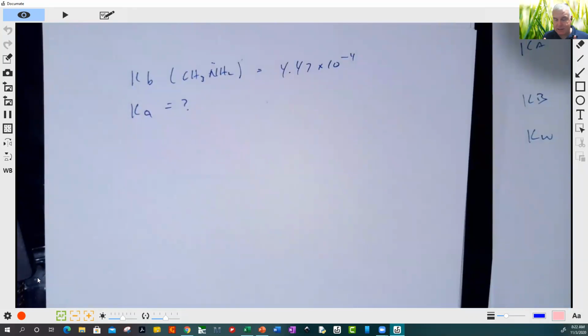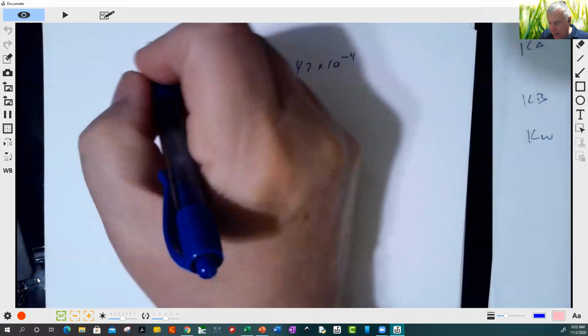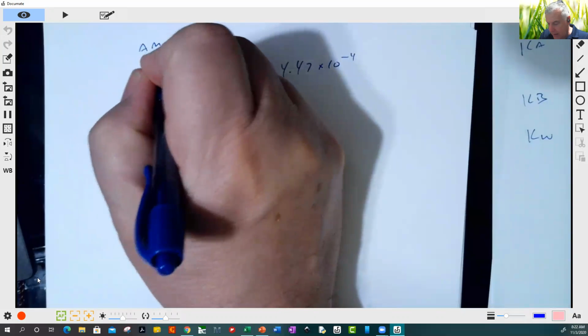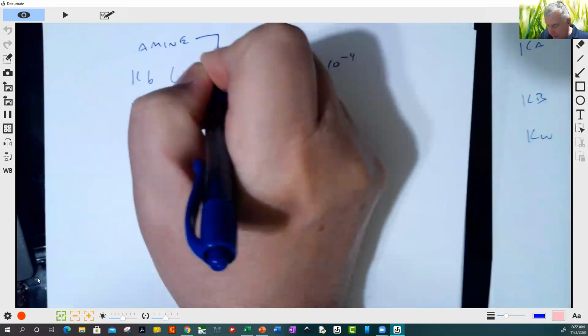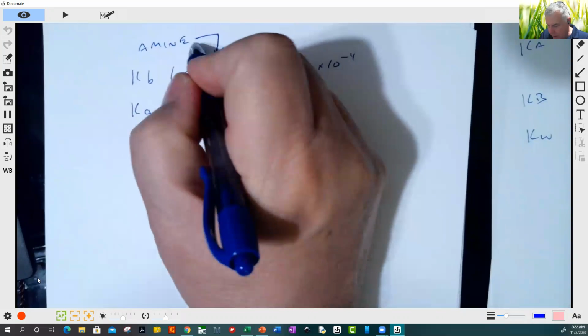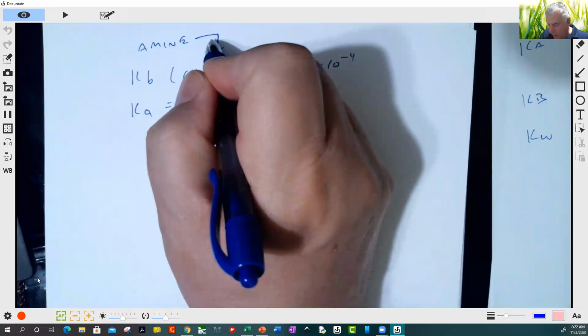And then there's bases. And bases are almost always like KOH, the strong ones. We don't care about the equilibrium for them. And amines. This is an amine, because it's got a nitrogen and it's got an organic part here, right?